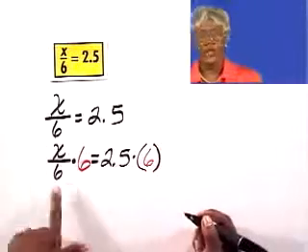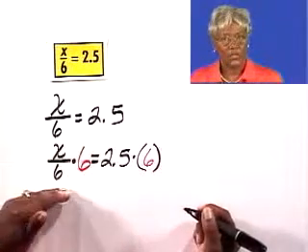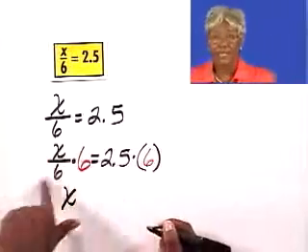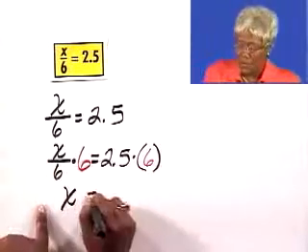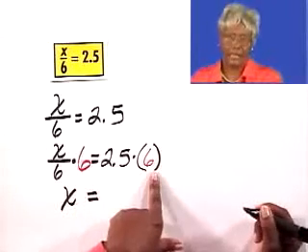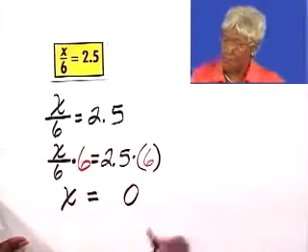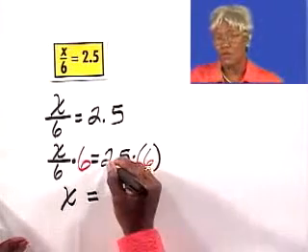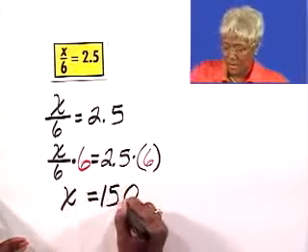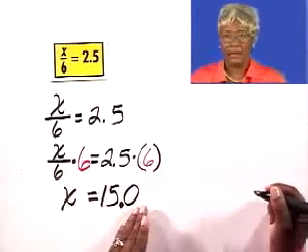When you multiply x divided by 6 times 6, what's the product? It's simply x, because remember, these 6's will divide out. Equals, what is 2 5/10 times 6? Well, 6 times 5 is 30, 3 left over. 6 times 2 is 12, plus the 3 is 15. So our product is 15, just a whole 15.